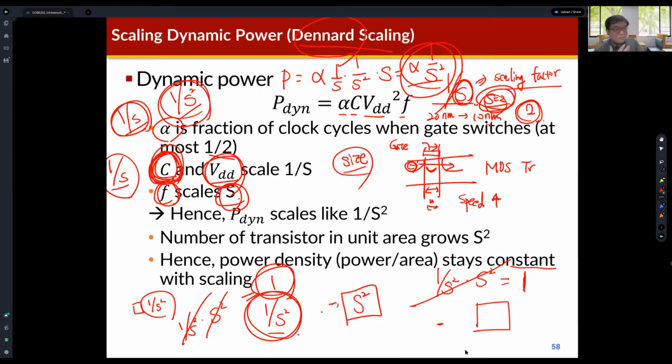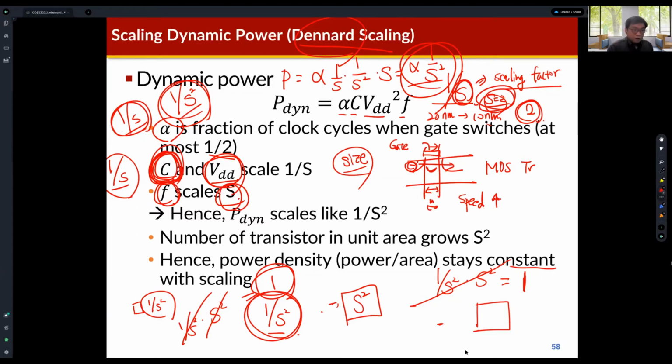So what is a good thing about Dennard scaling? If we include more transistors, then the number of transistors is the resource of a CPU. And if we invest more resources in a single CPU, then we can manufacture a better CPU, a CPU that will have higher performance. But the power consumption is constant.